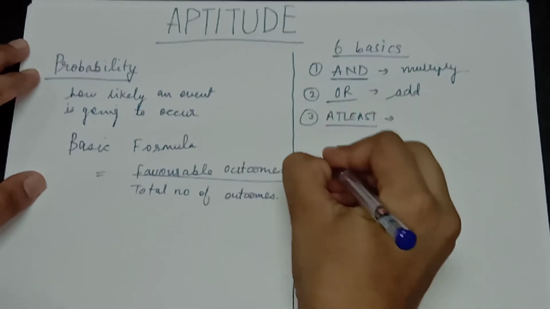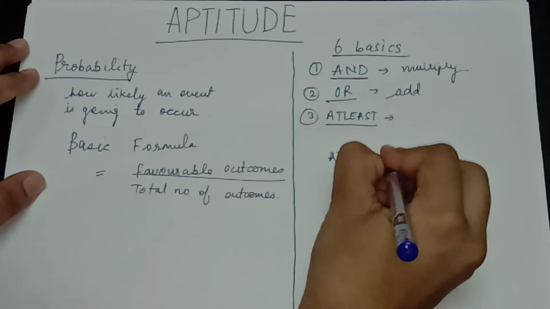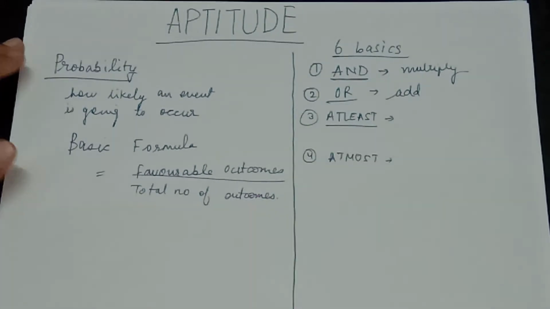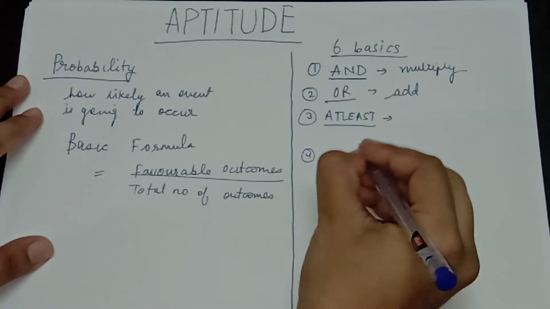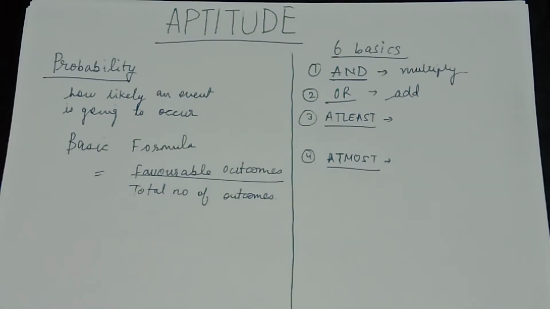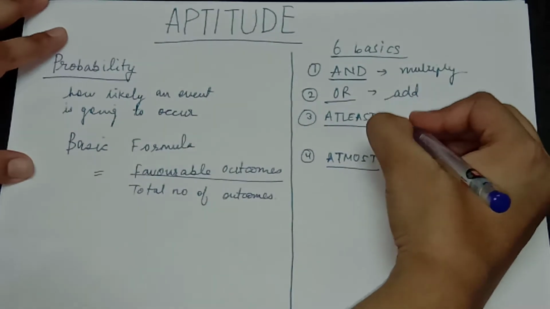Now third comes the term "at least". At least and at most, these two words are used like vice versa of each other. At least means minimum to maximum, or you can call it in Hindi kam se kam.